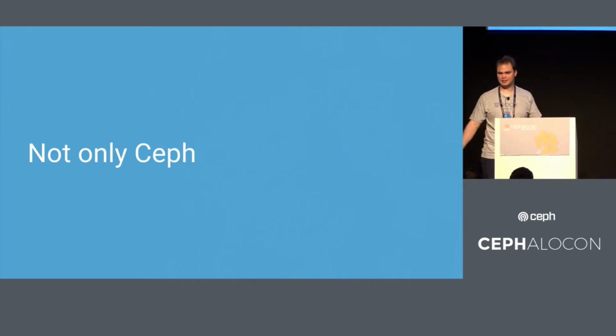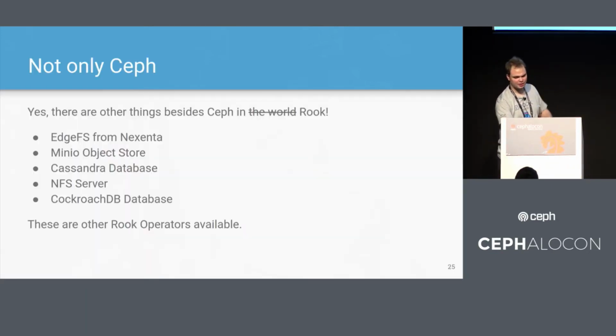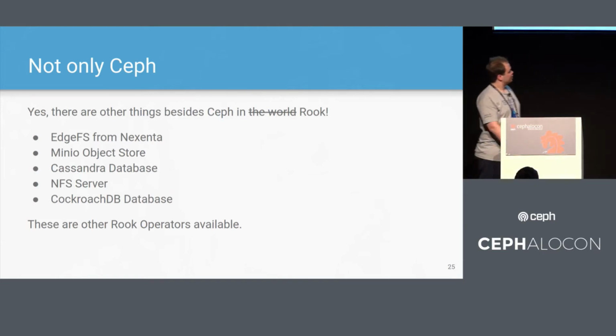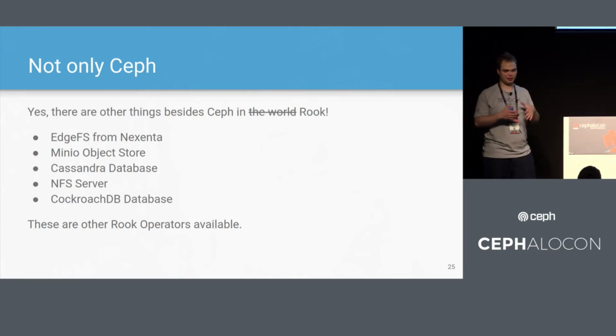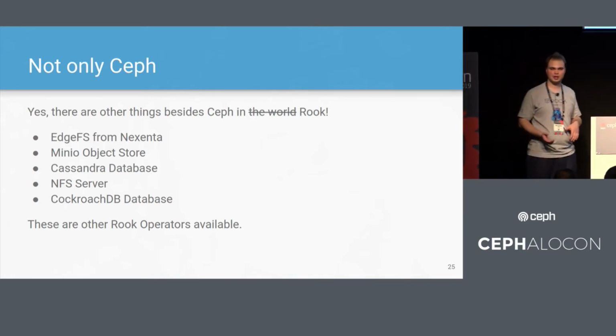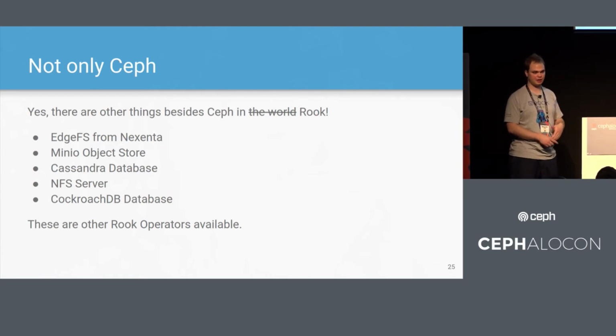So we have mostly heard about Ceph right now, but Rook is more than Ceph. Just as a side note, Rook has, for example, the Rook Ceph operator, but if you wanted to run EdgeFS from the Nexenta guys, you would have a Rook EdgeFS operator.